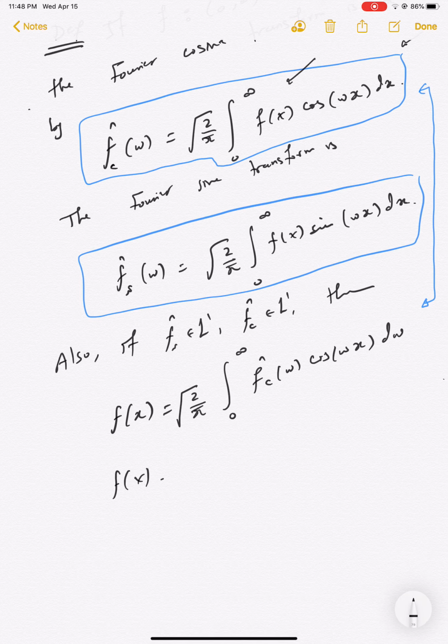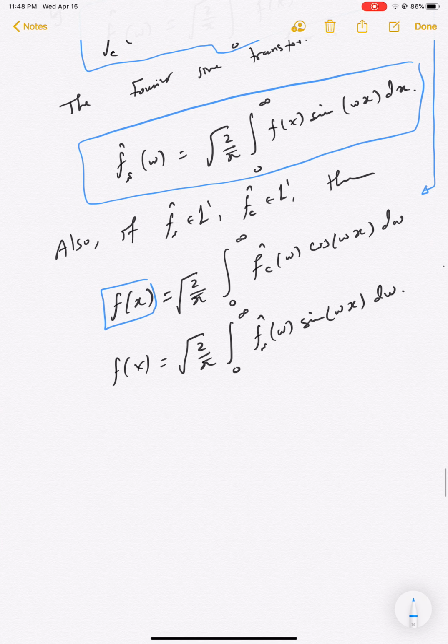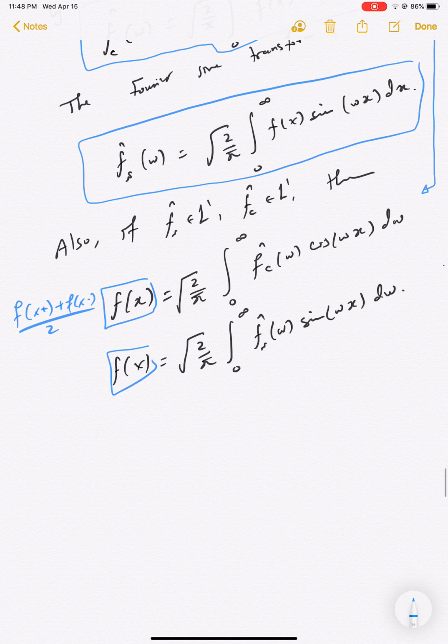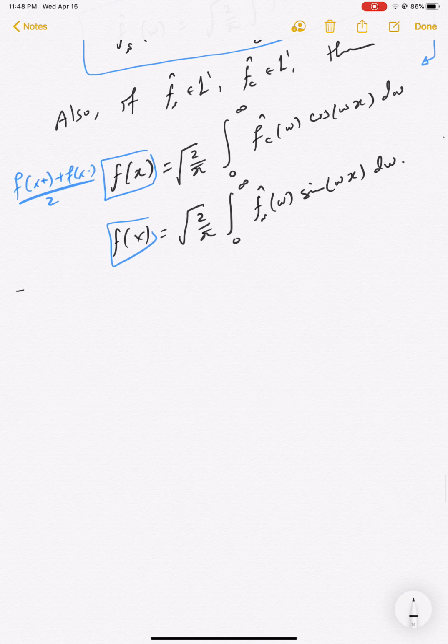And the same thing if you look at the inversion formula for the sine transform. And again, remember we don't mean f of x, we mean f of x plus plus f of x minus over 2. But it is a habit that we write f of x, and it is f of x if the function was continuous. Okay, so this is our definition for the Fourier cosine and sine transform.